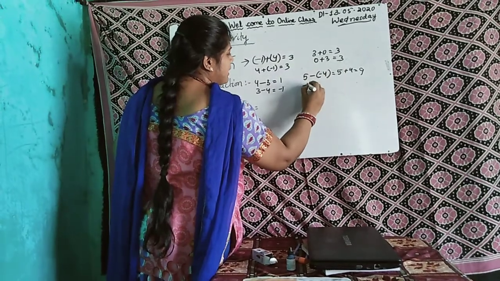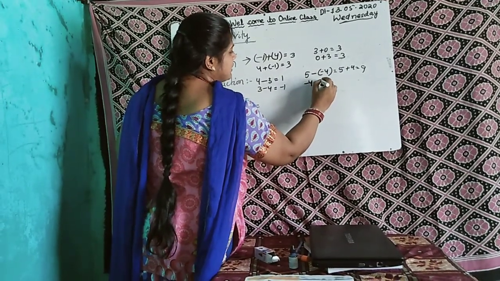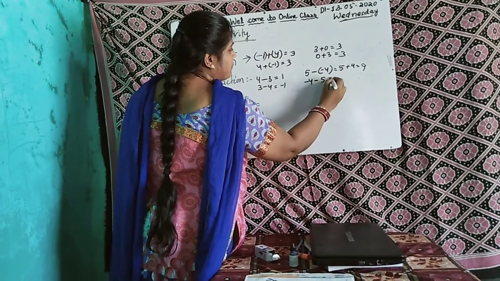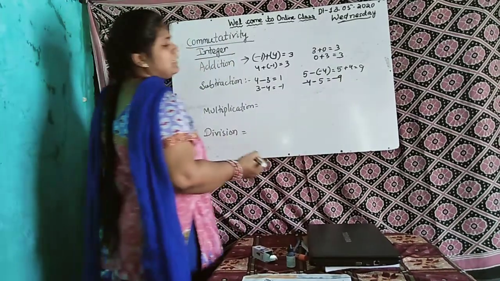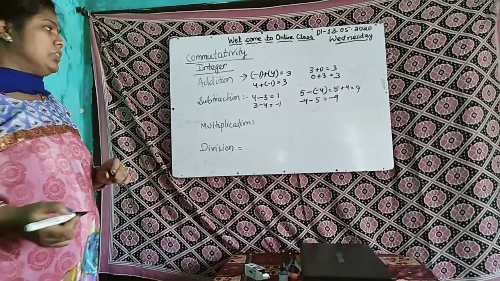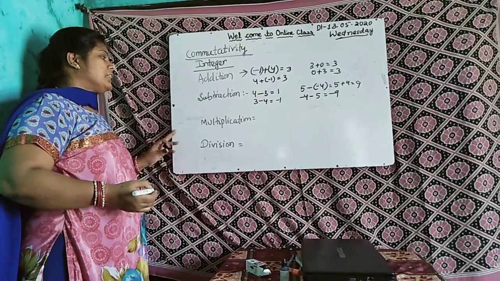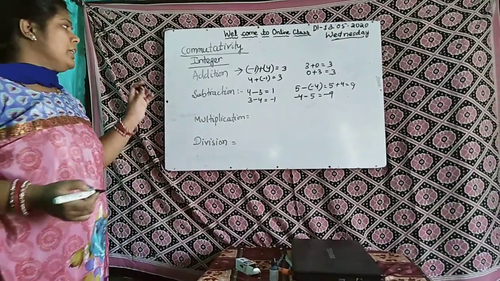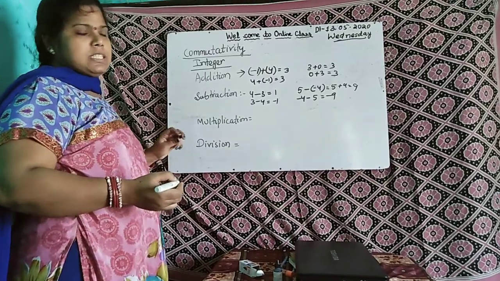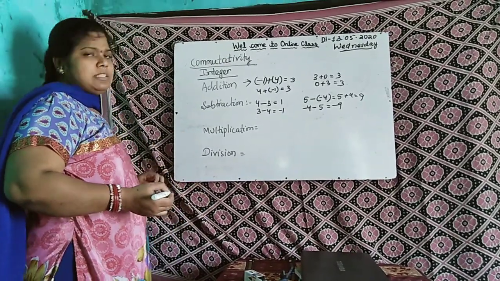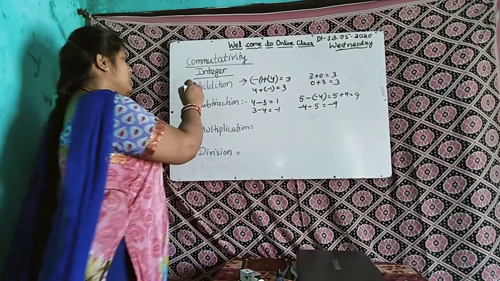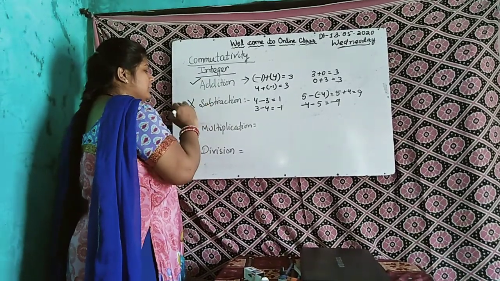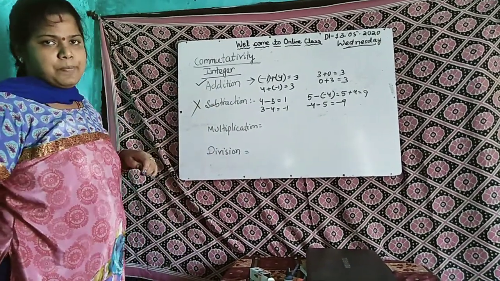You change it, -4 minus 5, that is -9. So they are not equal to each other. So subtraction does not satisfy the commutative property. Integers are not commutative under subtraction. So addition satisfies, subtraction does not.